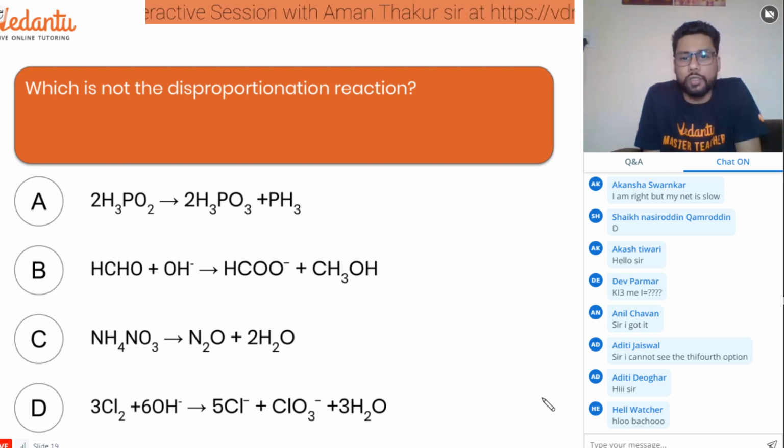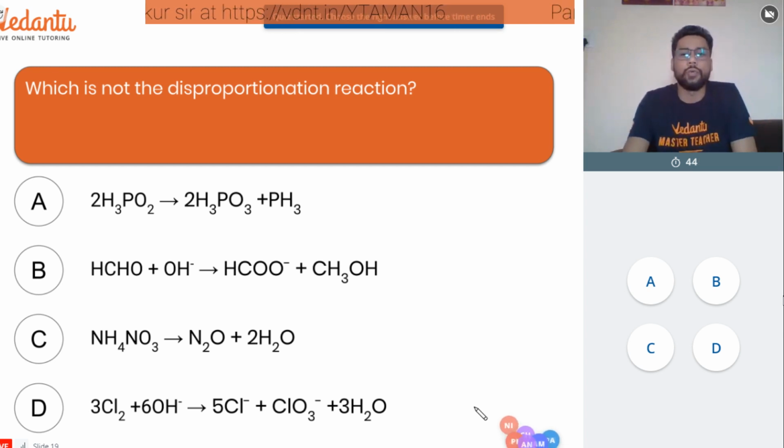Which is not the disproportionation reaction? 45 seconds, starting the quiz.